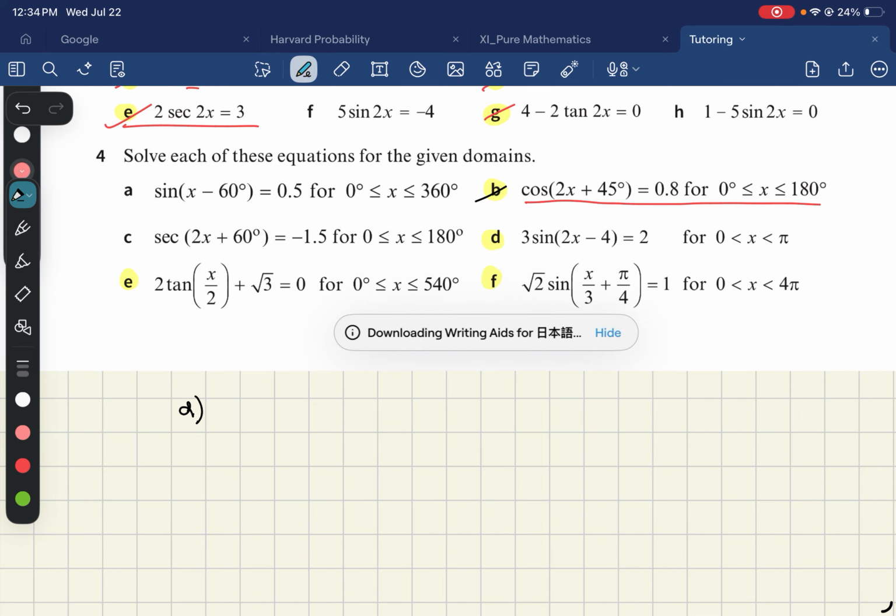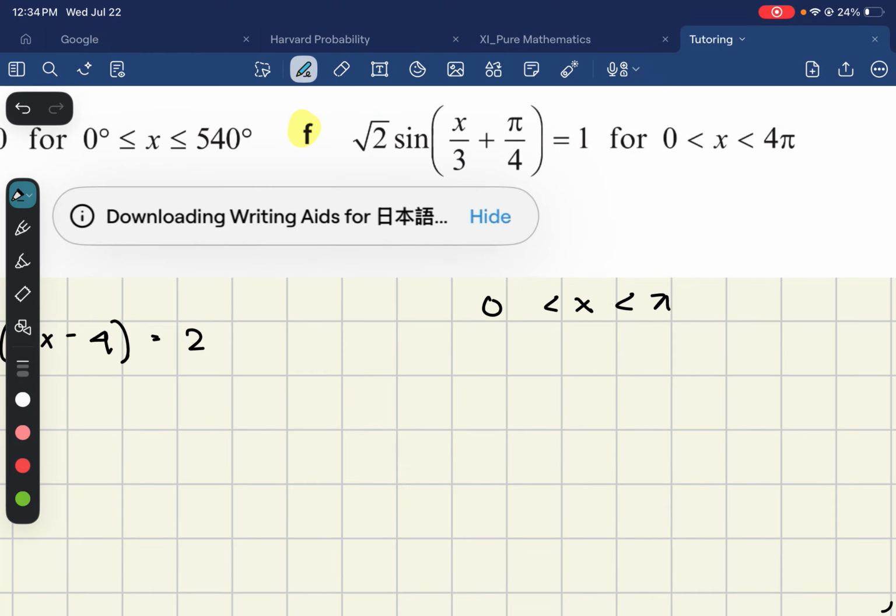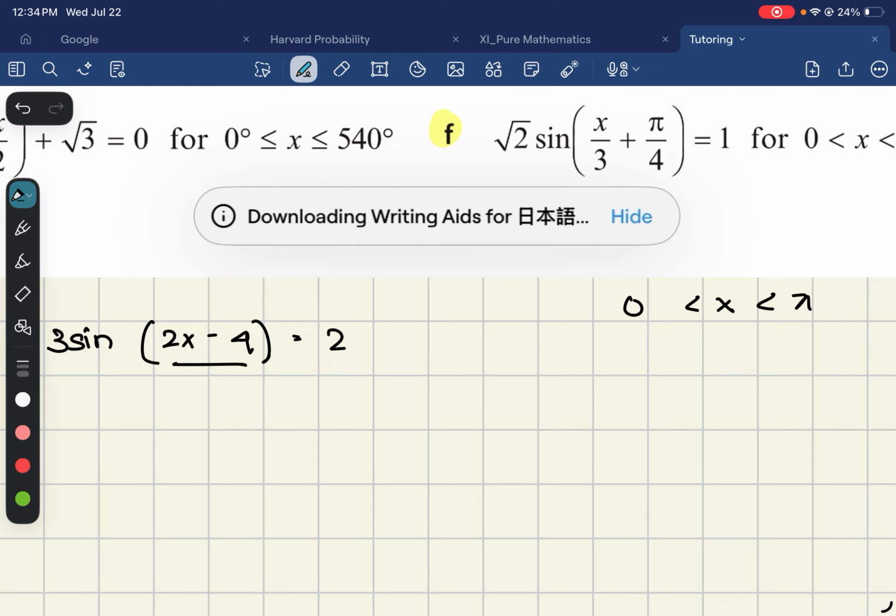Part D, you have 3 sine of 2x minus 4 is equal to 2. And we're working between 0 and pi. But I want to look at the inequality for another value, right? For 2x minus 4. So if I multiply this inequality by 2, I get this. And now I just need to subtract 4.